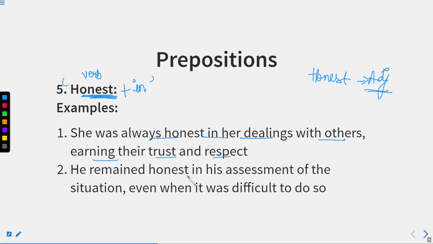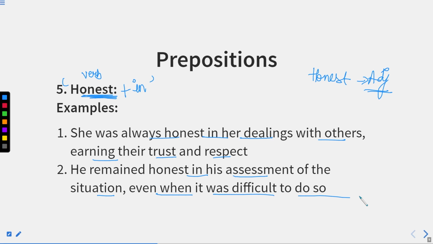Now, he remained honest in his assessment of the situation even when it was difficult to do so. It means he was sincere in that particular situation, even when it was difficult. Even after that, he was honest, and he just stuck to his work sincerely.